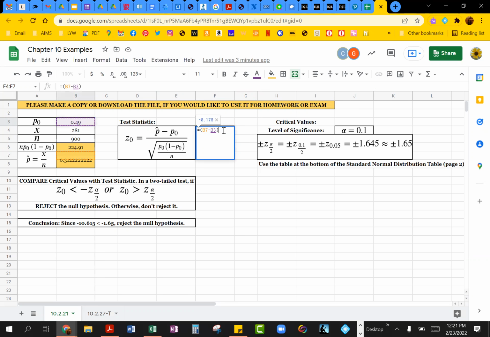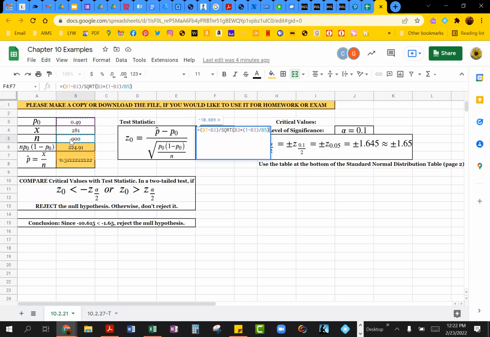And then you're dividing this by the square root of p naught, so again 0.49, multiply that by parentheses 1 minus p naught, and then we're dividing it by n, which will be 900. Close your parentheses for the square root.